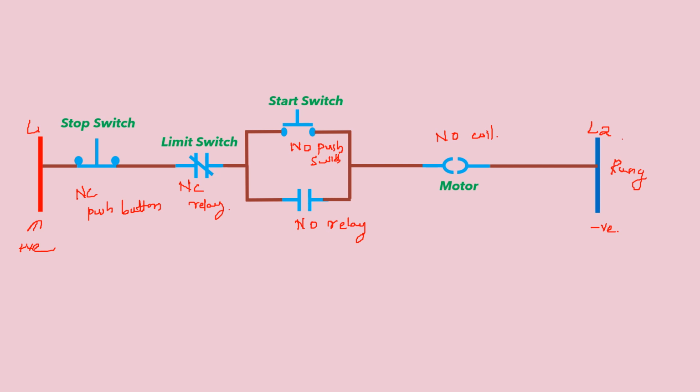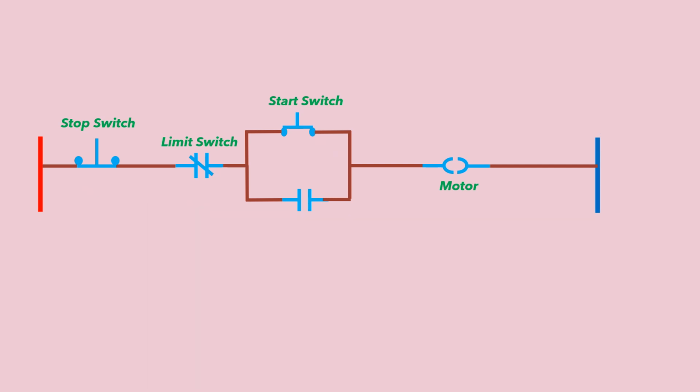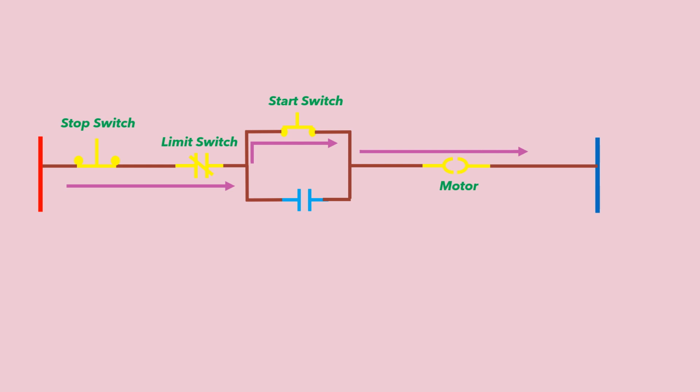When this coil activates, the motor will be activated. Let's look at the working of this ladder arrangement and see whether it works or not. First we will push the start switch, and the current flows through this path, the motor coil activates, and the motor will start running.